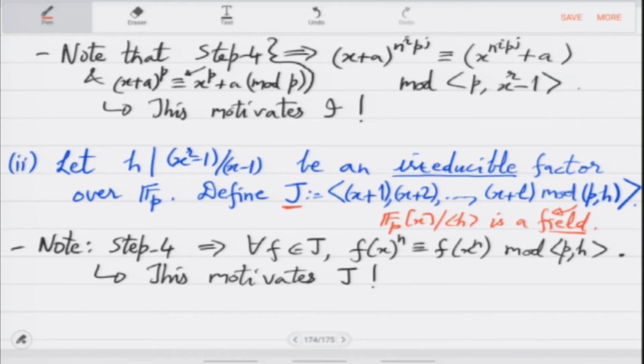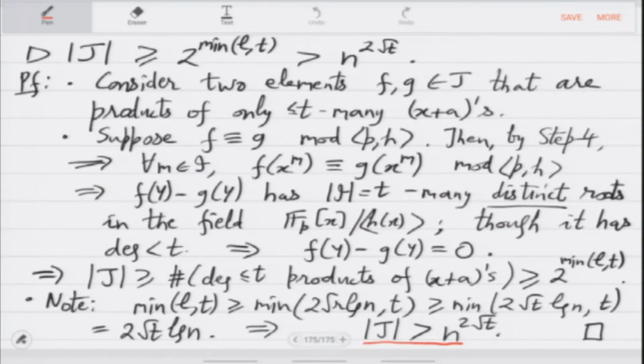This also is a large subgroup. So we showed that the size of J is at least n raised to square root t, 2 square root t in fact. Okay, so now let us use these two lower bounds, these two big subgroups, to get what we want, the correctness proof of the algorithm.